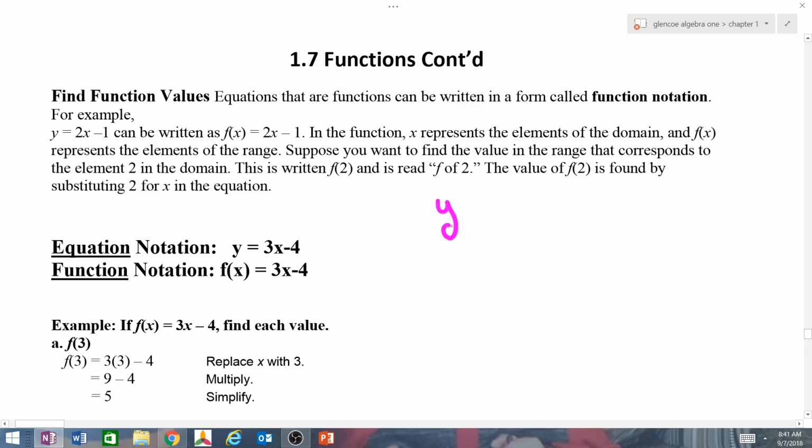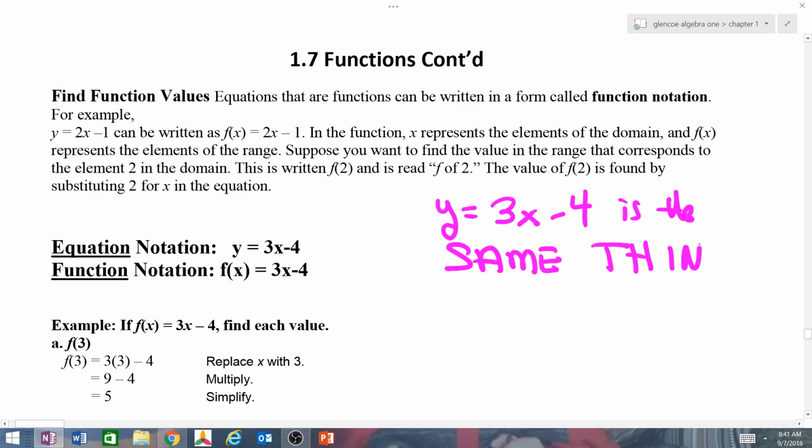If you had an equation like y equals 3x minus 4, that is the same thing as saying f of x equals 3x minus 4. What you're saying is, what is the value of this function if I were to substitute a number in?